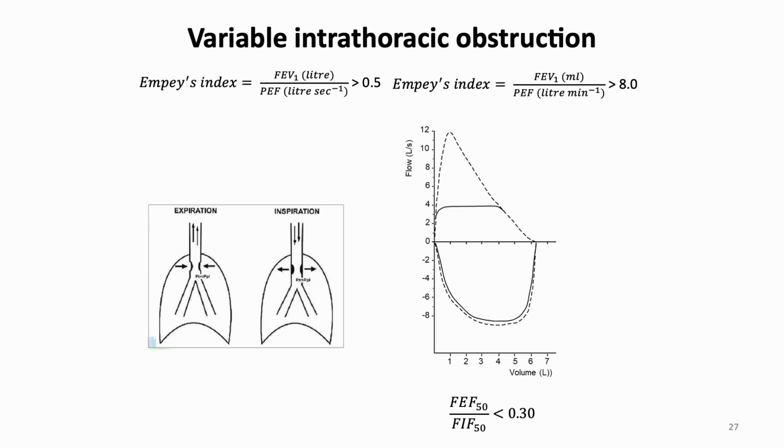Let's move on to a variable intrathoracic obstruction. That is an obstruction in the aspect of the trachea that's located inside the chest cage. Now, during a forced expiration maneuver, pressure inside the chest cage and thus around the aspect of the trachea that's located inside the chest cage becomes very, very positive. So it will compress that part of the trachea.